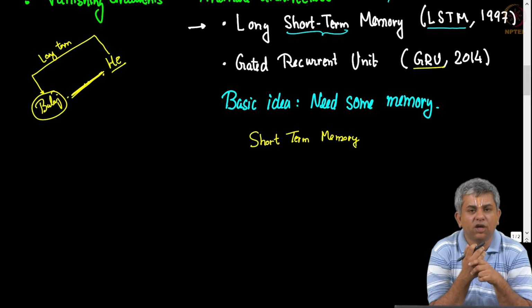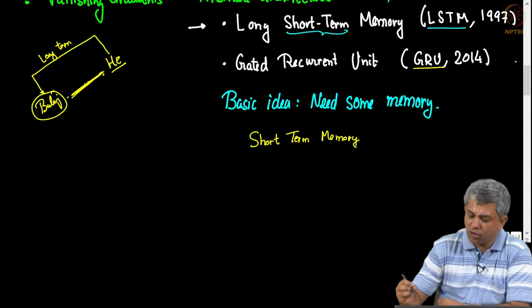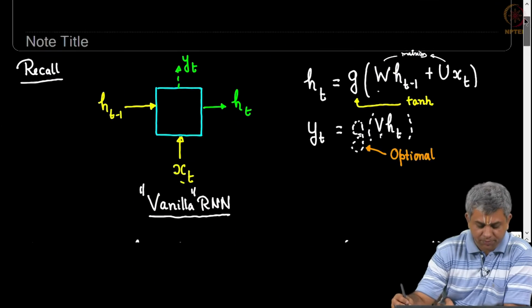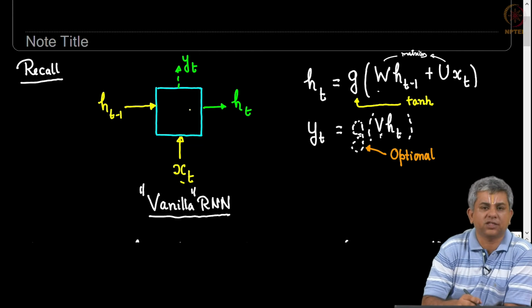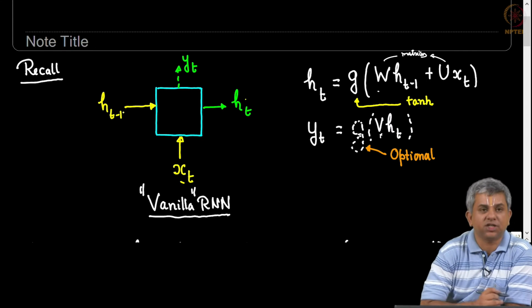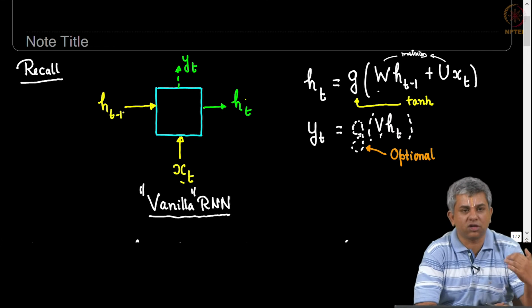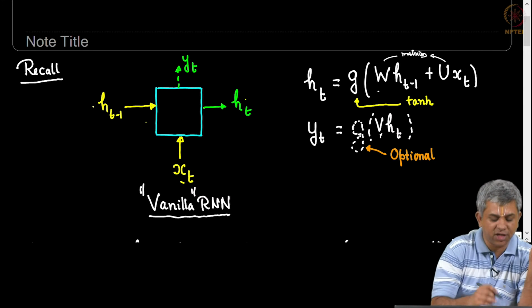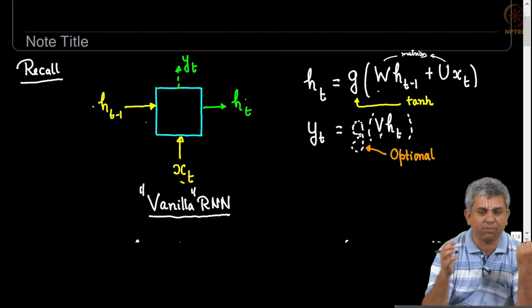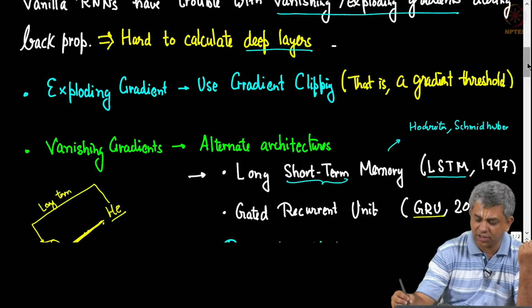There is something called short term memory and long term memory, and the algorithm that we have used here effectively only has a short term memory of 1, which is ht immediately. The immediate value it uses is simply that of xt and ht minus 1, but it does not store the context of where ht minus 1 came from. This is a very rough explanation of what happens.